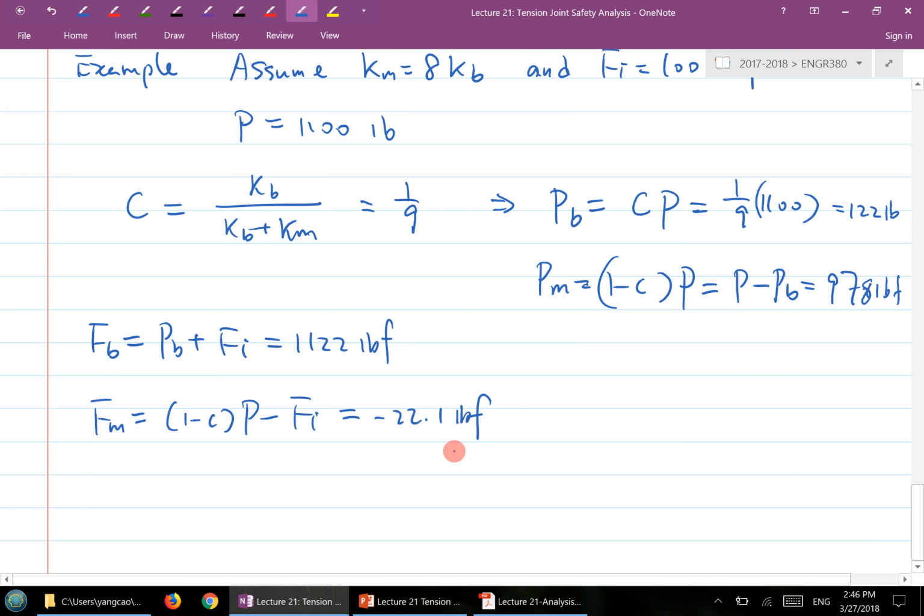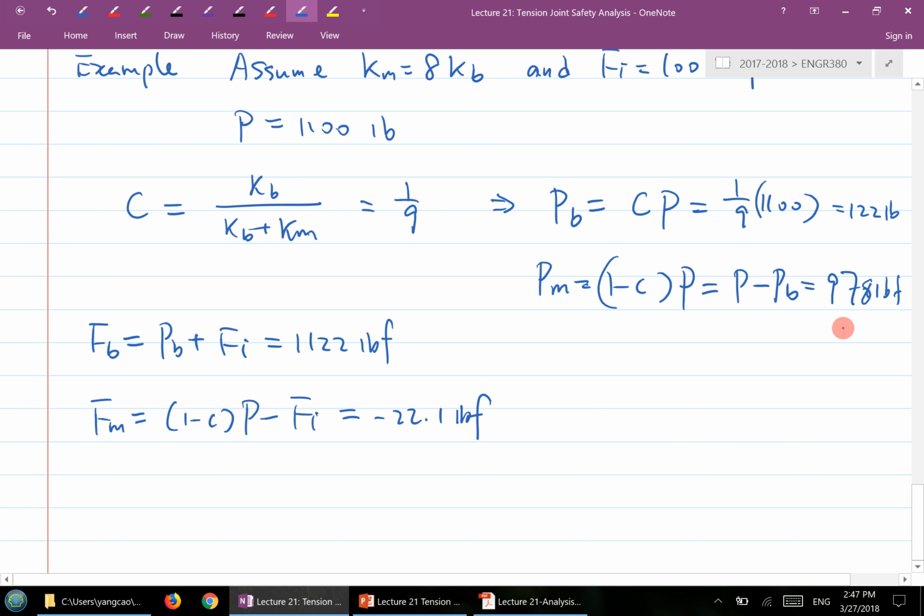Now, what would be the factor? Let's say you want to change the distribution of the load to the member or to the bolt. What kind of parameter can we adjust or manipulate to have some effect there?